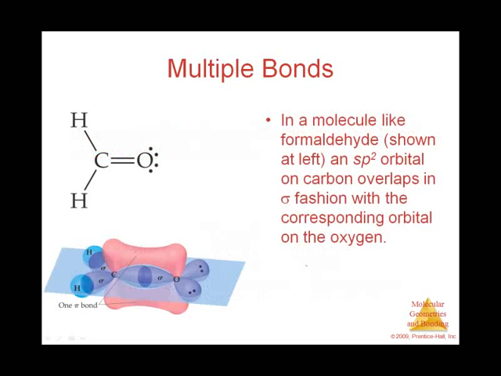Okay, so in a molecule like formaldehyde, CH2O, we have overlap in the sigma, right? So we have this nice, neat overlap. But then the pi bonds also overlap, and when they do, we get this overlap side to side that makes it look like this, I don't know, dog bone, right?